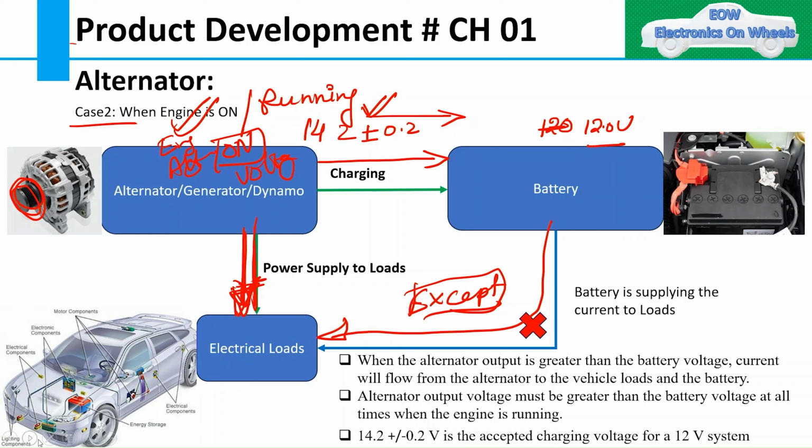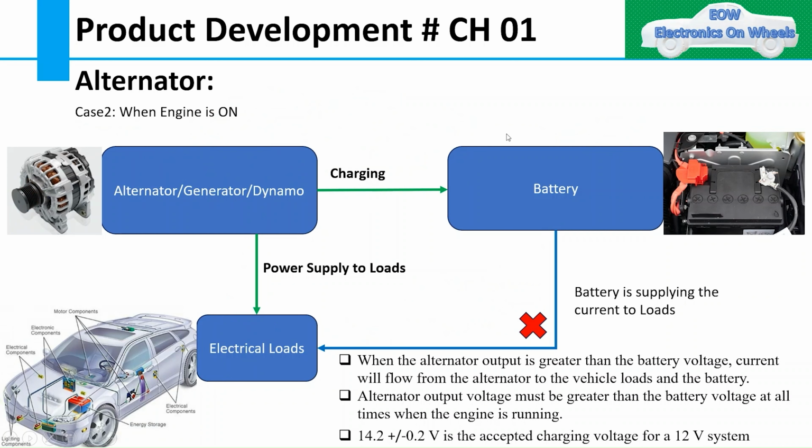Let me say it again: the alternator output is 14.2 plus minus 0.2 volt, your battery voltage is 12 volt, then your current will flow in this direction, and to the electrical loads as well. So this is the basic function.